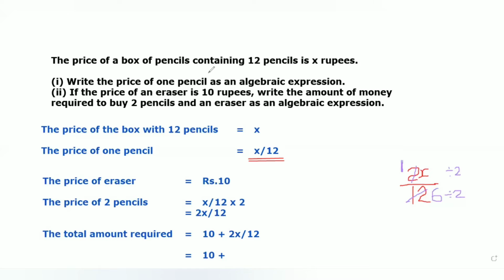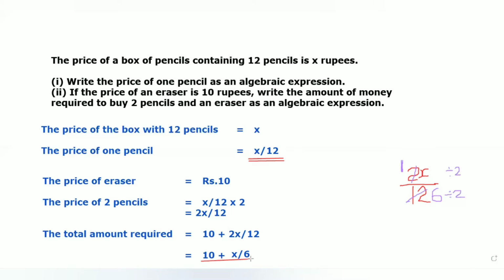So instead of 2x divided by 12, we can write x divided by 6. You can give this as the final answer.